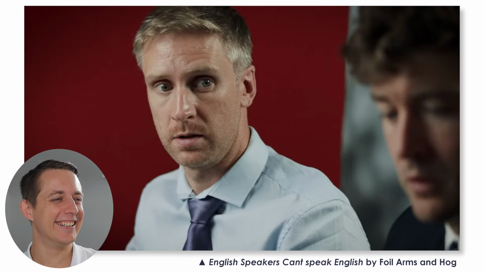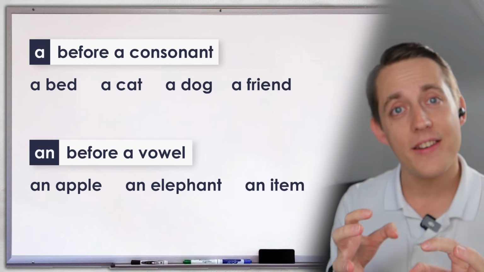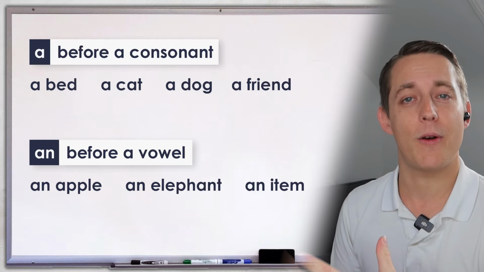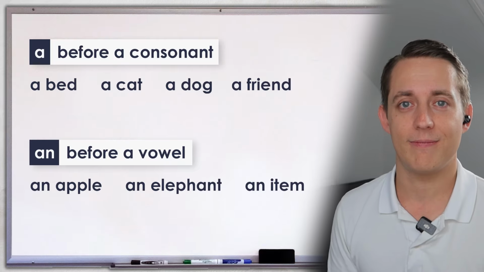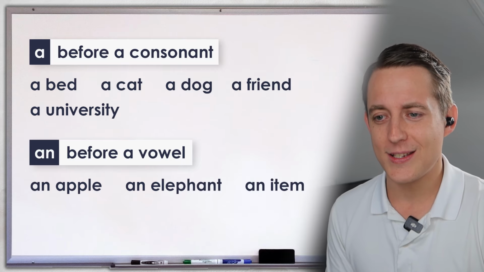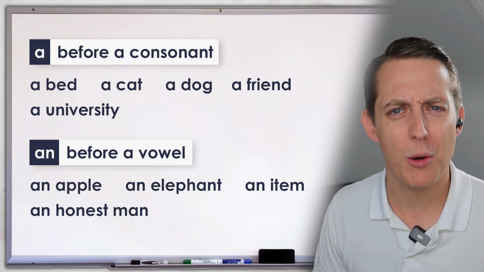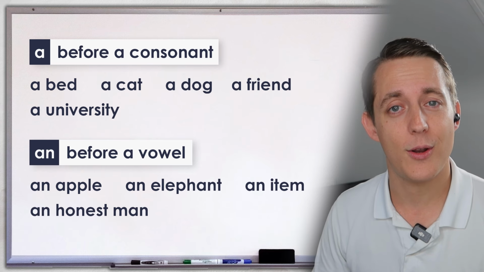Not again. Okay, so actually in school, and I remember learning this as a kid, we learned that we use an when the next word begins with a vowel, A-E-I-O-U, right? But then we do have words like a university or an honest man. So that breaks the rule, doesn't it? No, it does not.